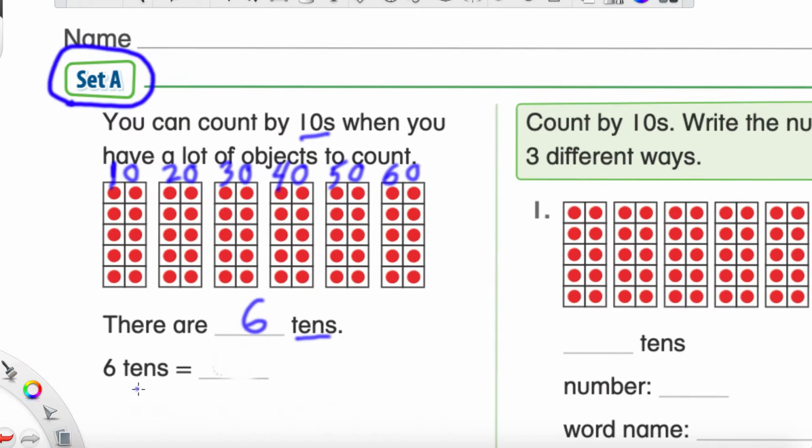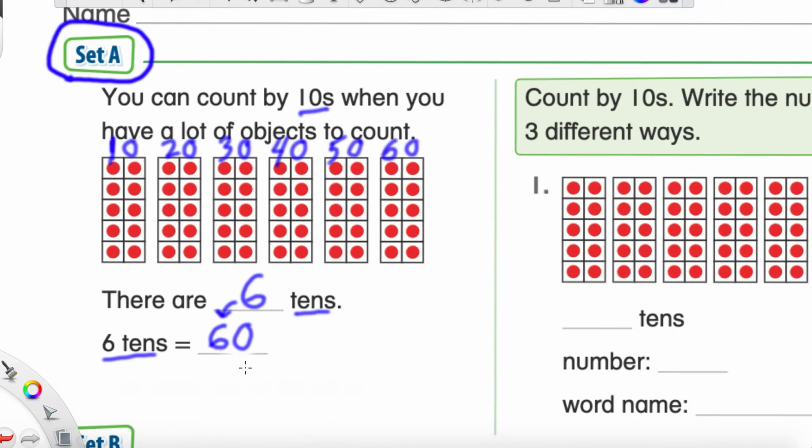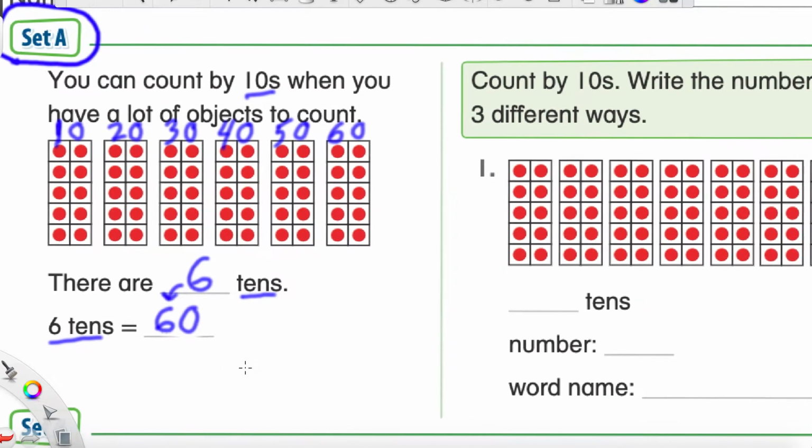So 6 tens, right? 6 tens makes the number 60. There you go. Or some of you might have realized that and said, you know what, I'm just going to bring this 6 down here, put a 0 at the end, and my answer's right there. That's it. Nothing too crazy with solving that one.